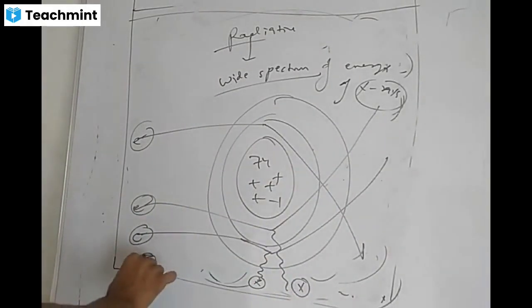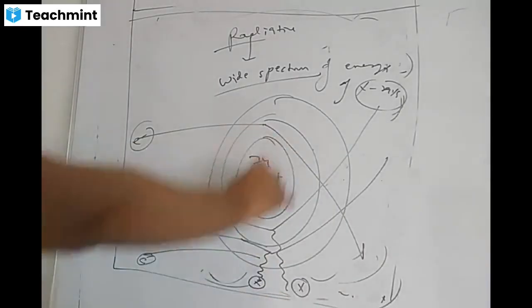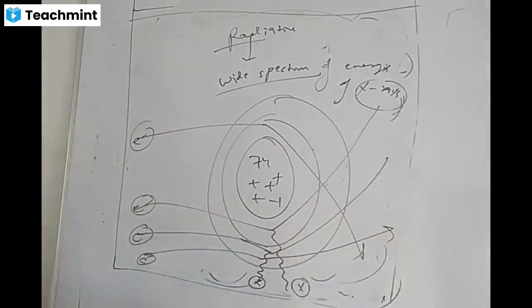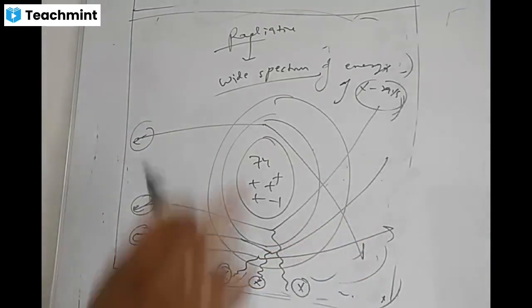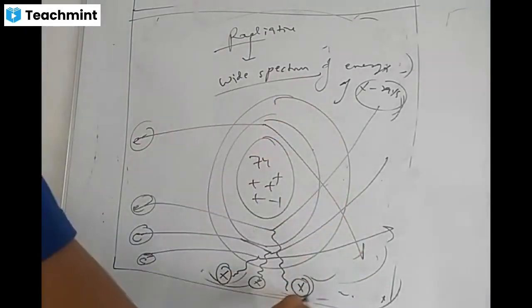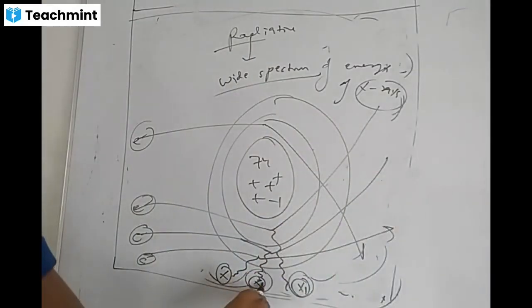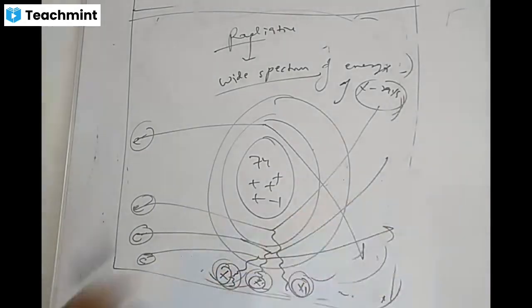And this third electron is very far up from the nucleus. It will bend very less and it will lose very less energy. So in this way, we produce three types of X-ray. That is, X-ray 1 is highest energy, 2 is moderate energy, and X3, third X-ray, is of lowest energy.